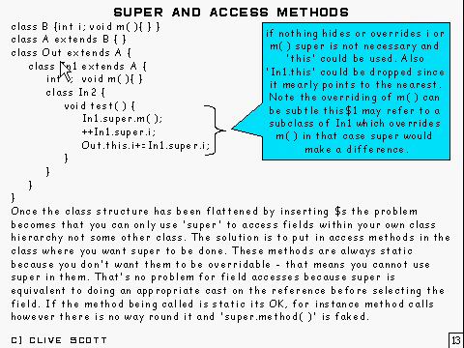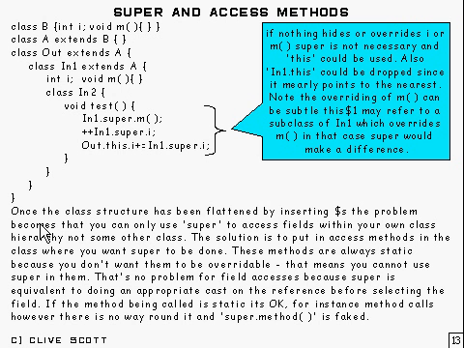Because if we've got the setup that we've got here, within in1 containing a version of m, and when we actually instantiate the thing, we instantiate with a class which is a subclass of in1 that also happens to override m, it turns out that just writing m by itself is going to get that version that's in the subclass of in1, and if you type super.m, however, it's not going to get that version, it's going to get this version up in B. And the reason for that is the way that this handling of super works, which brings me on to the discussion of how that's actually done.